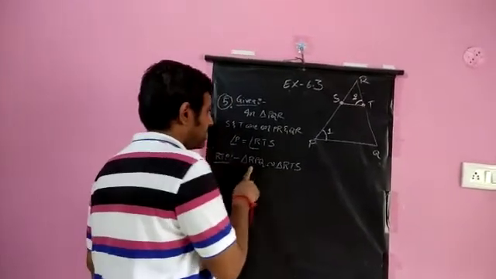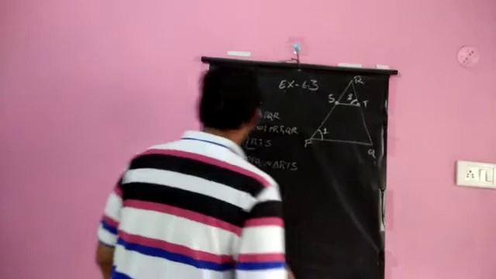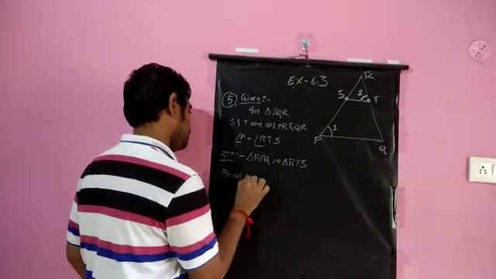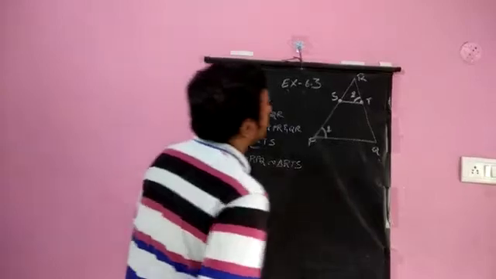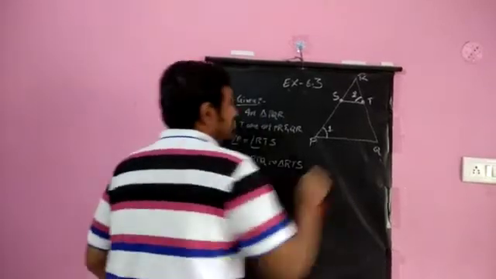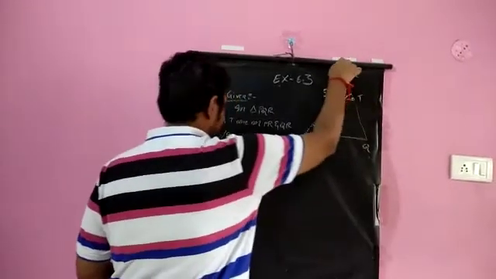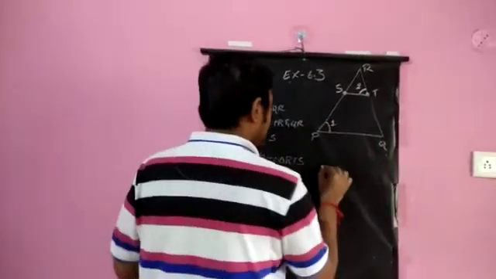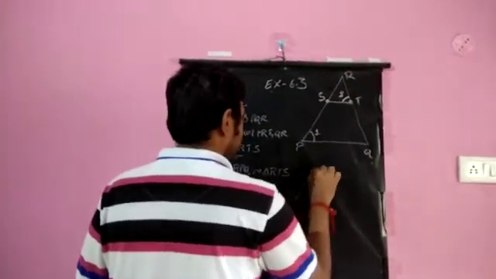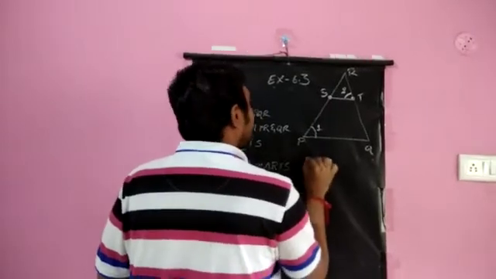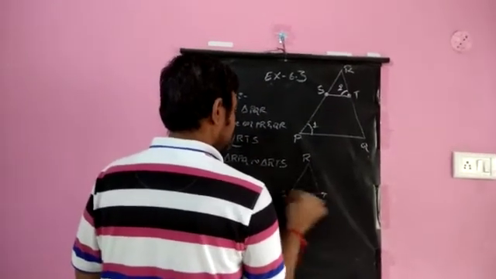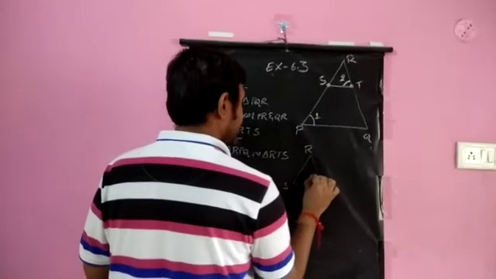Now we have to prove that triangle RPQ is similar to triangle RTS. In order to prove that, we take the small triangle RTS and the triangle RPQ. If I draw rough figures of the two triangles here, I am taking this angle as R, this is T and this is S. So this angle we are taking as angle 2.